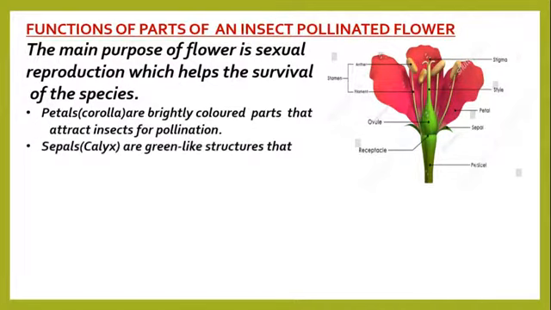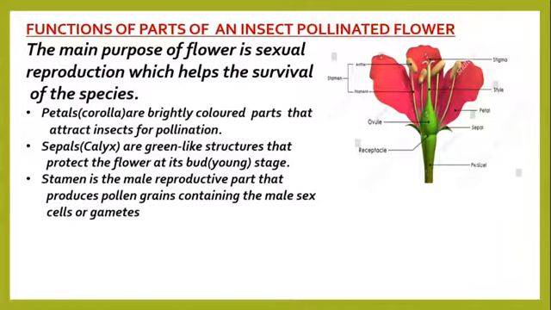Sepals, whose collective name is calyx, are green-like structures that protect the flower at its bud or young stage. So let's take note of that. So when the flower is young, it is the sepal that protects the inner part of the flower.